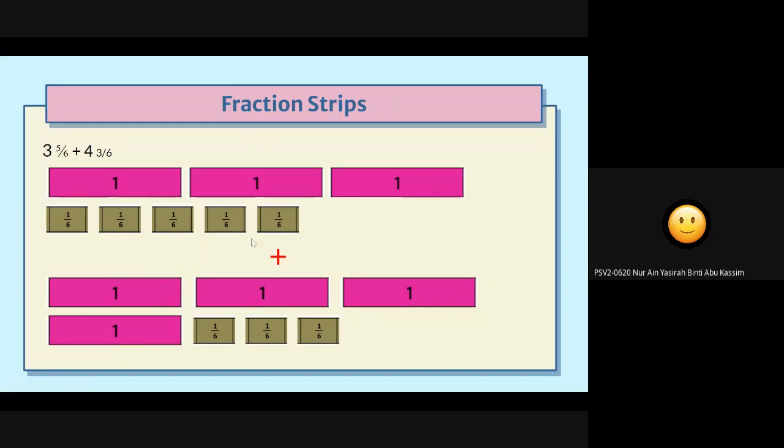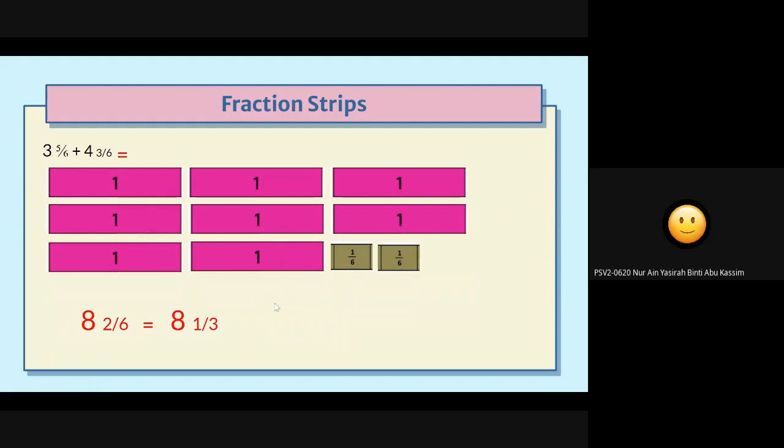8 is more than 6. 6 is the limit, but we have 8. So we need to convert 6 of the 1/6 strips into a whole strip. So next. So when we convert the 6 1/6 strips, we get one whole strip for another one whole strip.